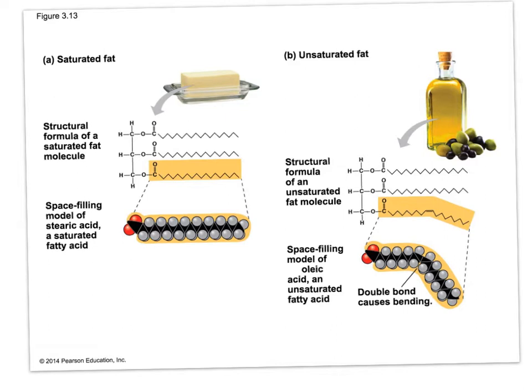When you have an unsaturated fatty acid, the double bond forms a bend in this fatty acid chain. Does that make it easier or harder for them to stack together? Harder. Therefore, they don't stack together as well. Therefore, it's not a solid at room temperature.